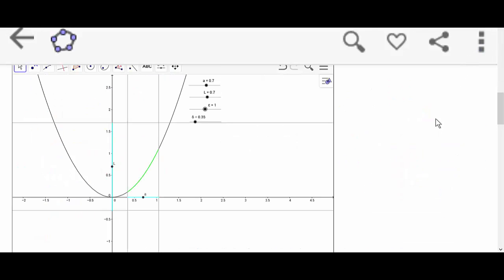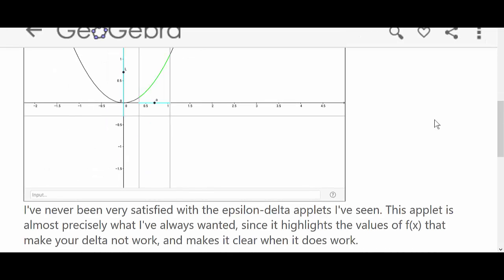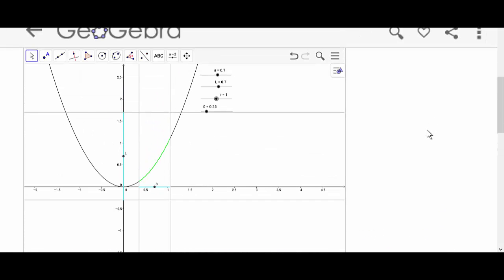Okay, so what I've pulled up here, this is a GeoGebra applet, which is a pretty nice applet to show this definition. So what I want to have you focus on here is we're interested in the limit as x approaches a. This is the value the limit's approaching. So if you went straight up and over, this would be the value of the limit.